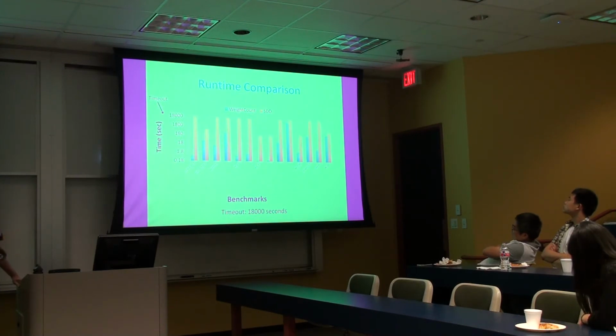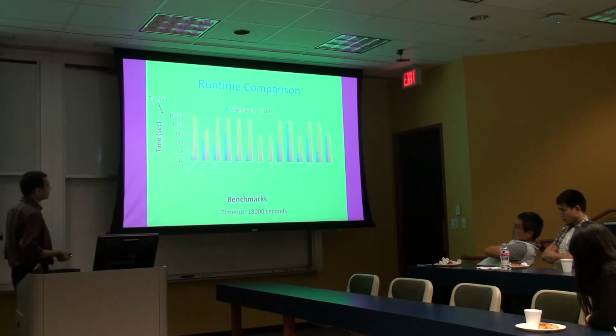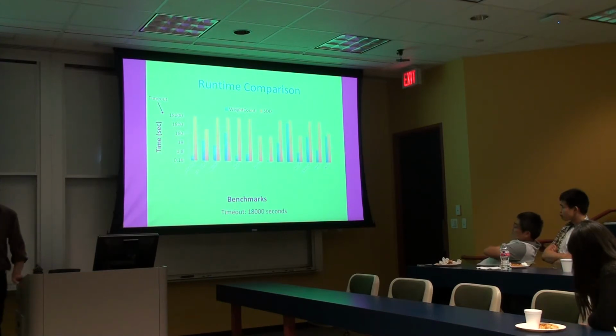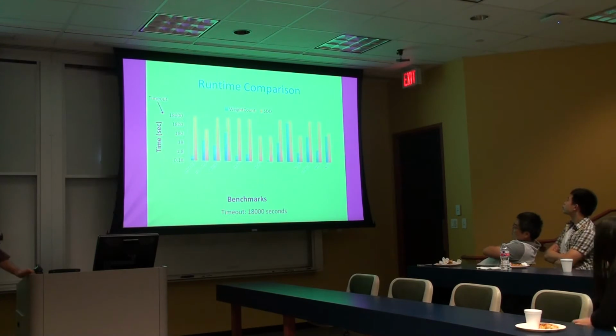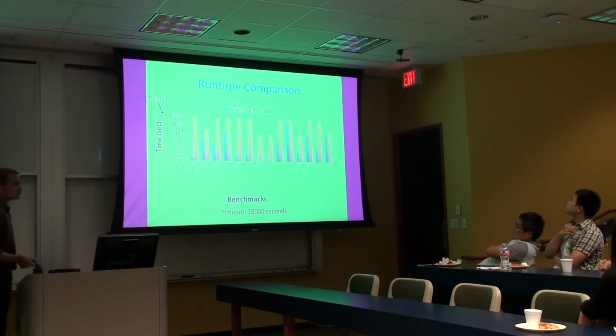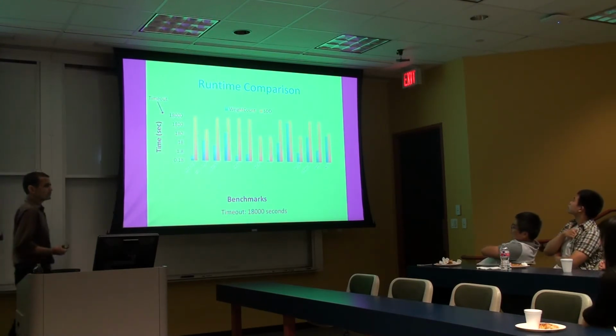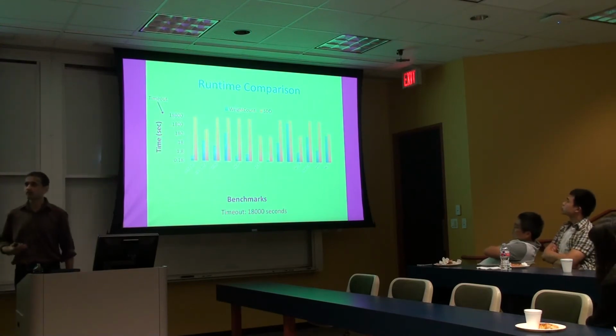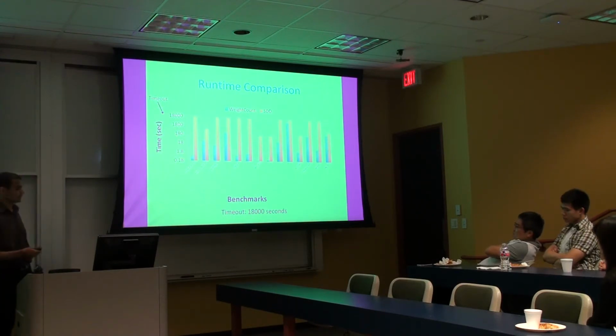And the timeout we used was 18,000 seconds. And what we see is that SDD times out on almost all the benchmarks. And even on the ones where it does not time out, we are usually 1 to 2 orders of magnitude faster than SDD. And SDD was the state-of-the-art WMC solver before this transformation.